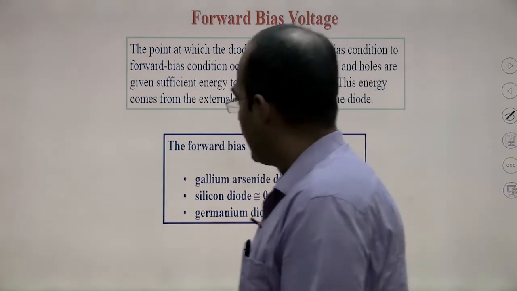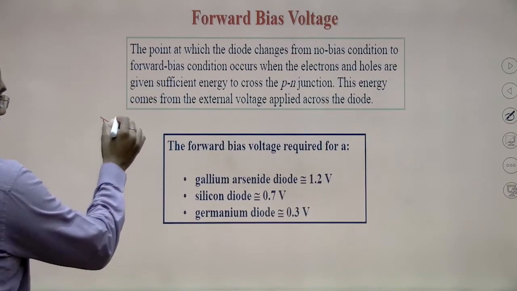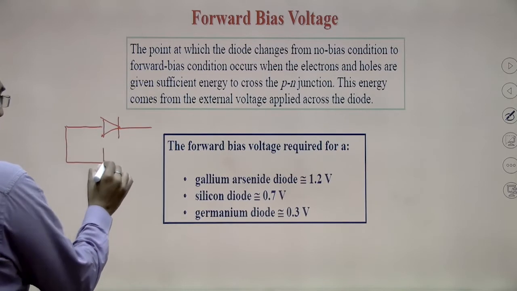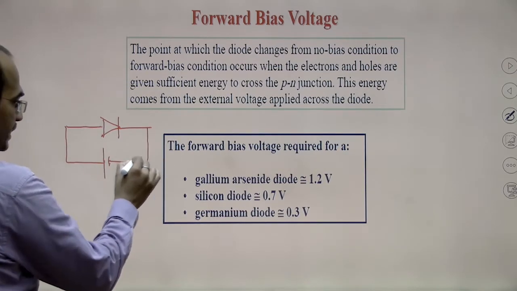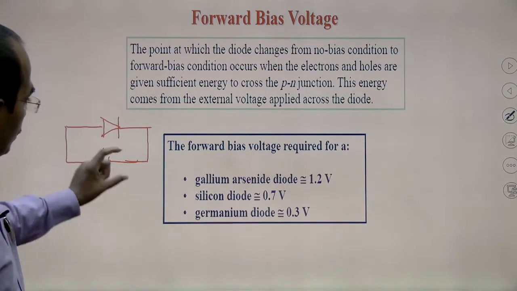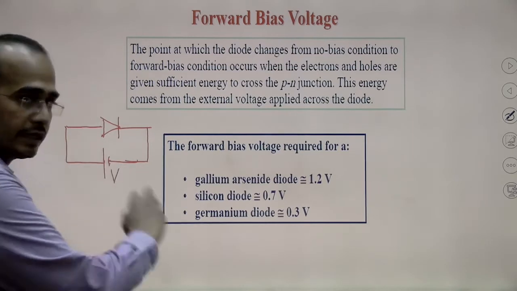For conduction of the diode, as I told you, you have to connect the P side of the PN junction diode to the positive terminal of the battery and the N side to the negative terminal of the battery.